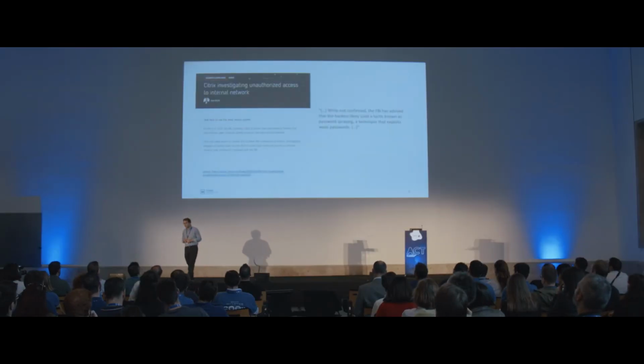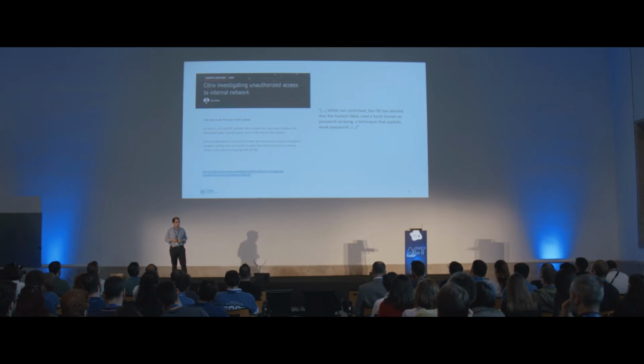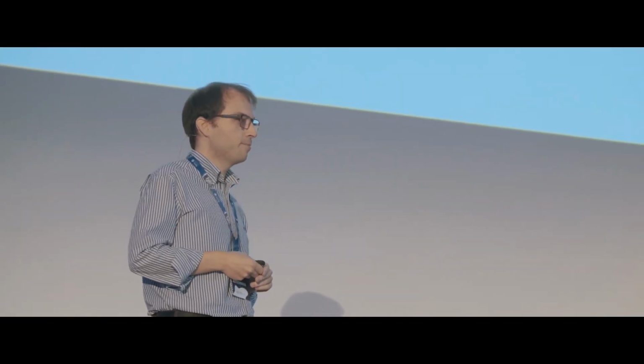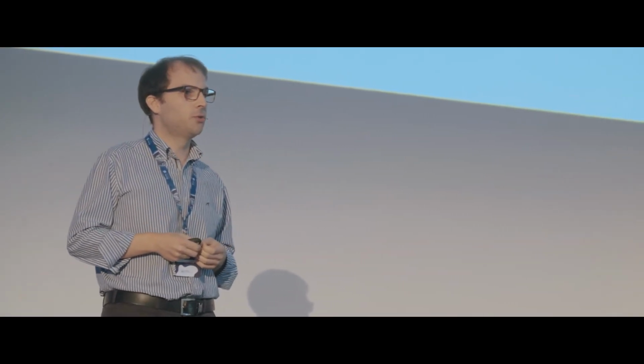And if you think, well, this doesn't happen to us, the truth is it happens to the best of us. This is the report from Citrix, for instance, where later last year they had unauthorized access to their system, and from the FBI investigation they concluded that it was most likely due to a stolen password in a phishing scam.